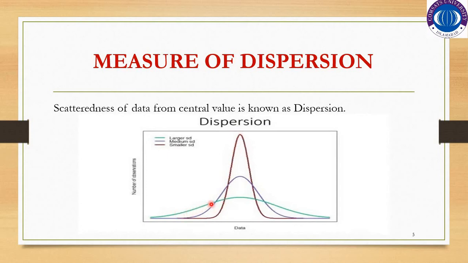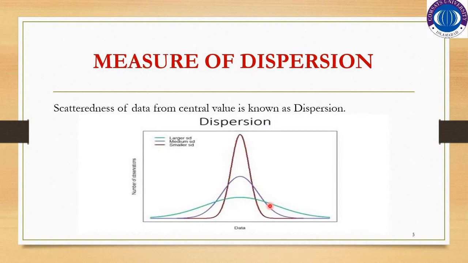It means that this one has the higher dispersion, this one has the medium dispersion, and this purple one has the smallest dispersion, as most of the values are gathered around the central value of the data, and we don't have many values at the tails, as you can see from here. In the case of this one, we have values near the mean as well as some values at the tail also. But in the case of this flattened one, the values are far distant from the mean, as you can see from the diagram.